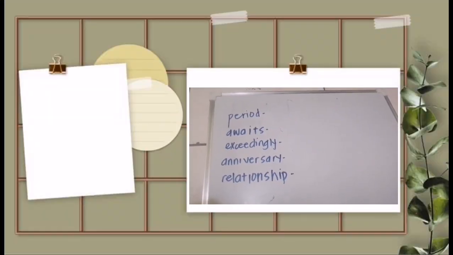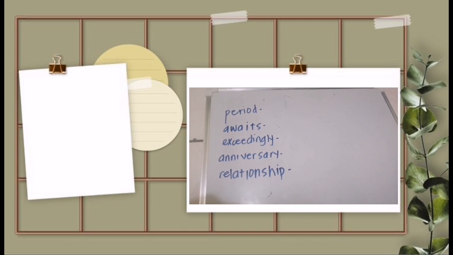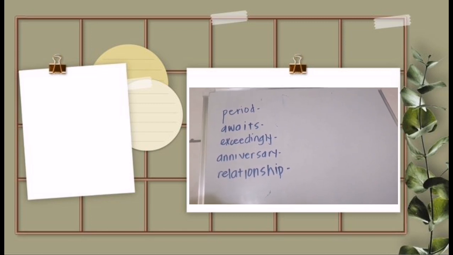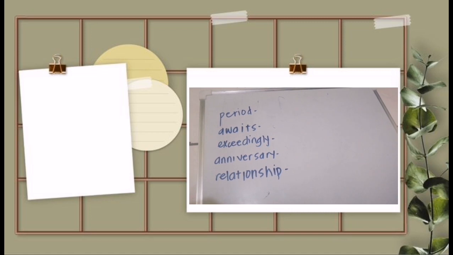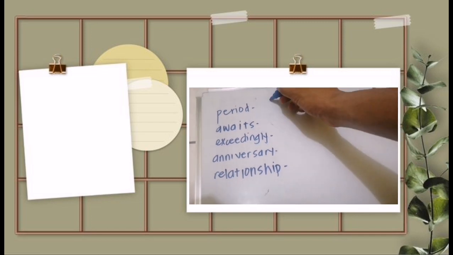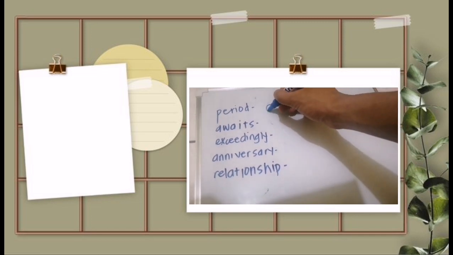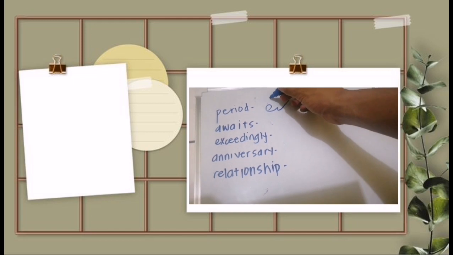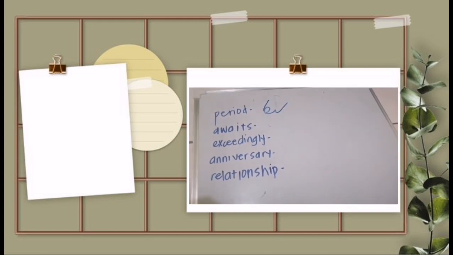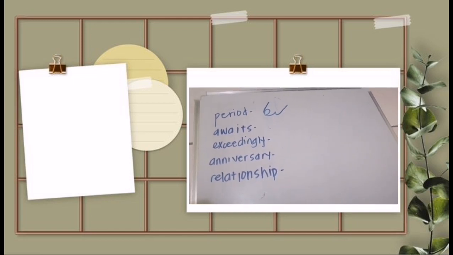So before we start our lesson, we have words here from our past lessons, and we are going to transcribe it into shorthand to serve as a practice activity. So first word, we have the word period. And that is how you write the word period.